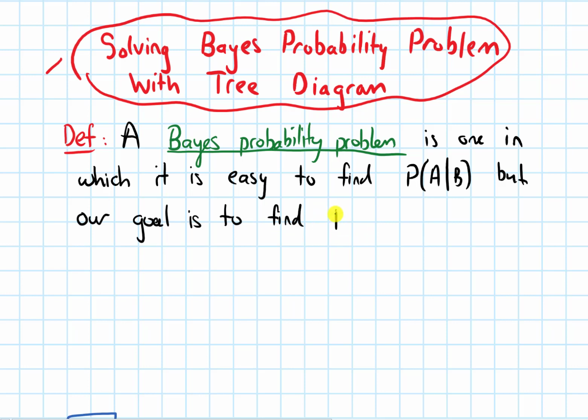Our goal is to find the probability of B given that A occurs.